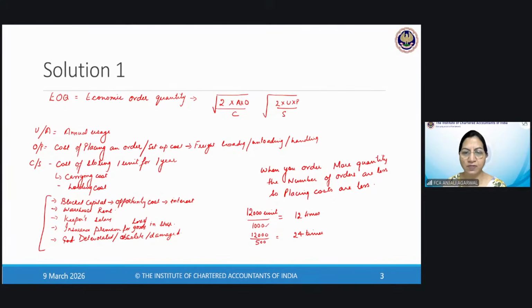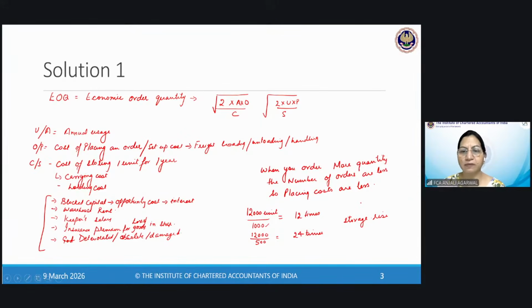But if you order 1,000 units, storage costs will increase because you are storing on an average 500 units. And similarly, if you order the entire 12,000 units at one go, the storage will be on an average 6,000 units, and therefore you will incur a higher cost.